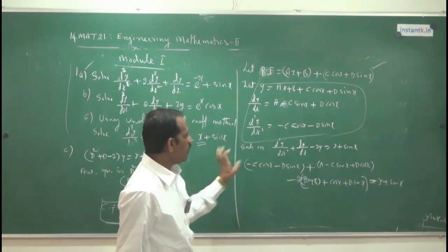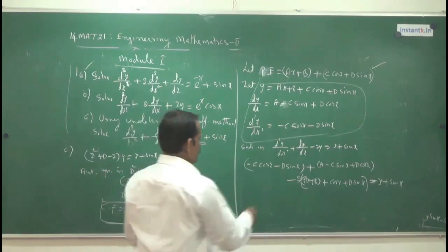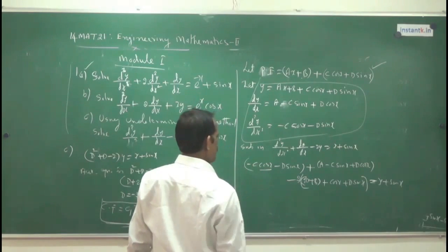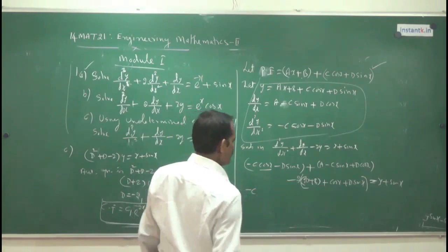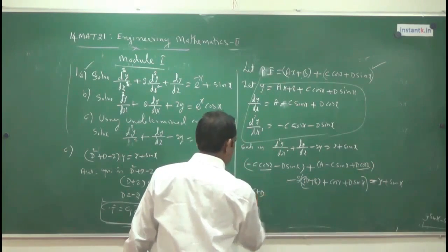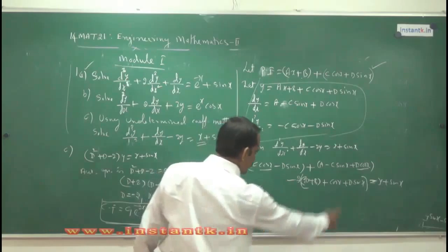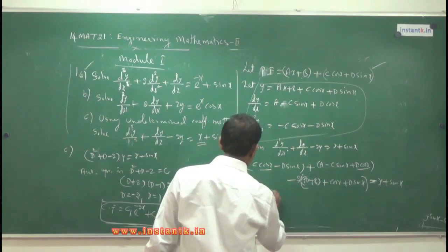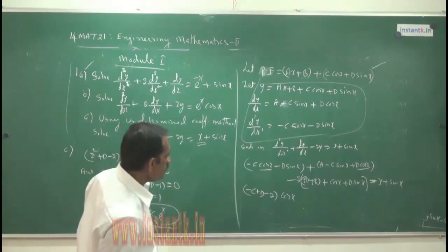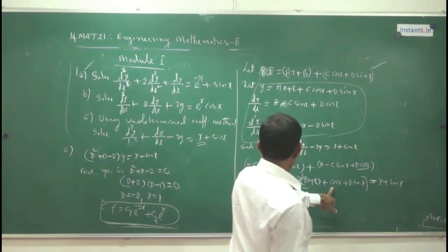Now collect all common functions together. First collect all cos x terms. How many cos x terms? Here there is minus c cos x, and here also cos x, so minus c plus d cos x. Sorry, something is missing.